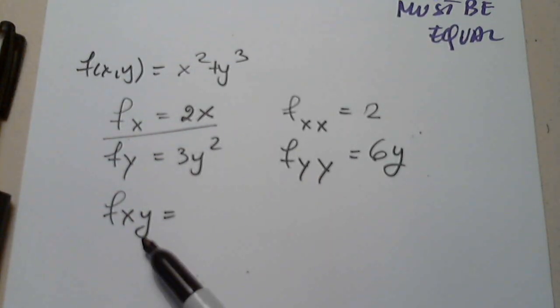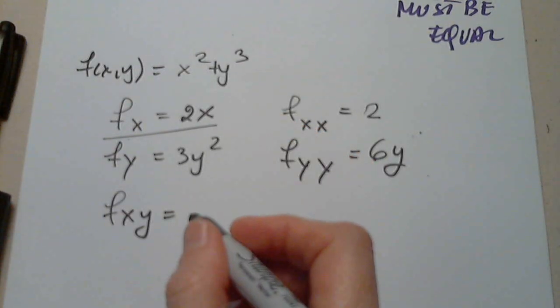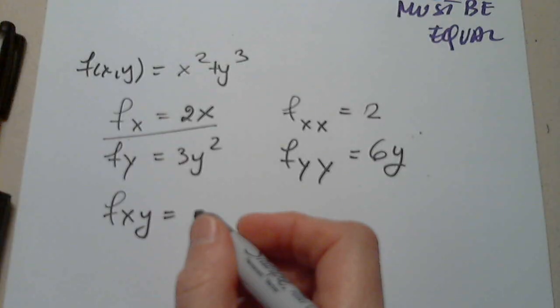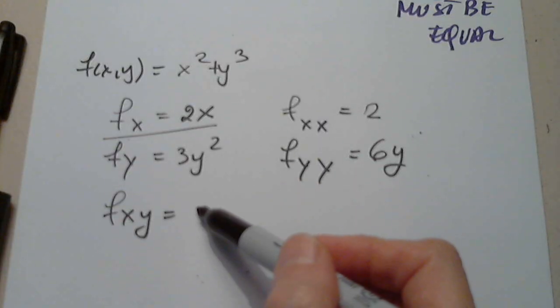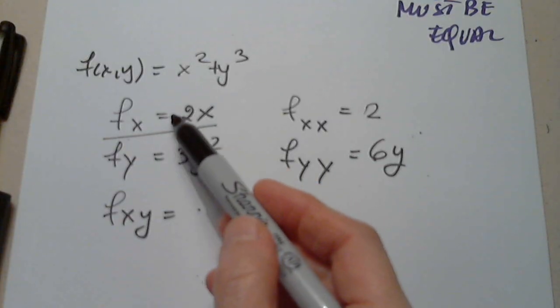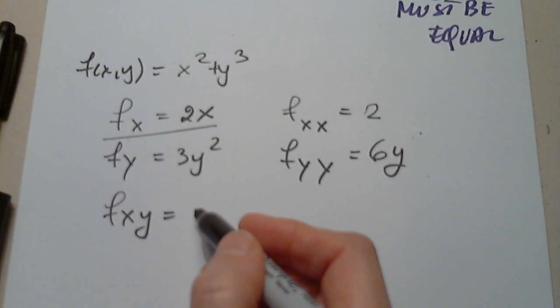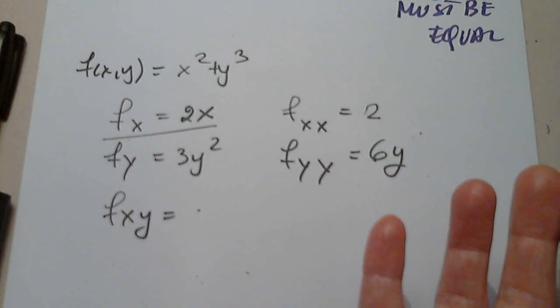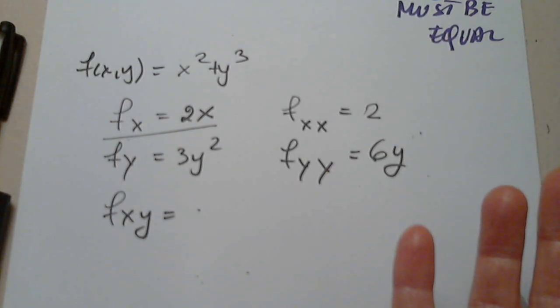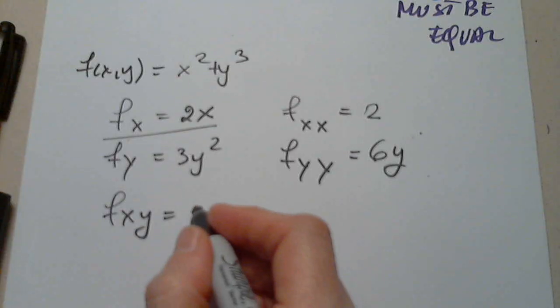If I differentiate with respect to y, everything else is a constant. We differentiate this with respect to y. So what do I get? There is no y.